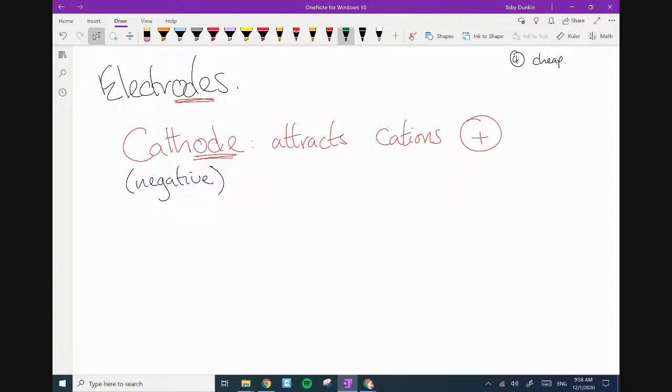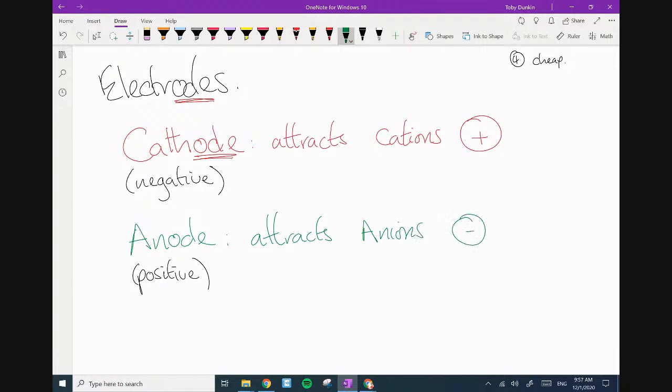And then we've got the anode. The anode is positive. Why is it called the anode? It attracts anions. Don't like that it wasn't red.